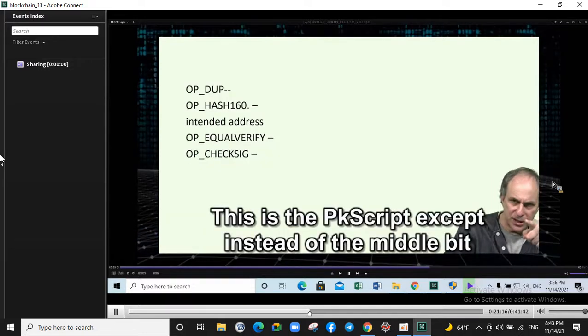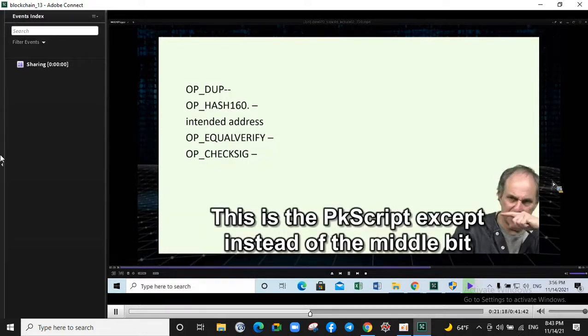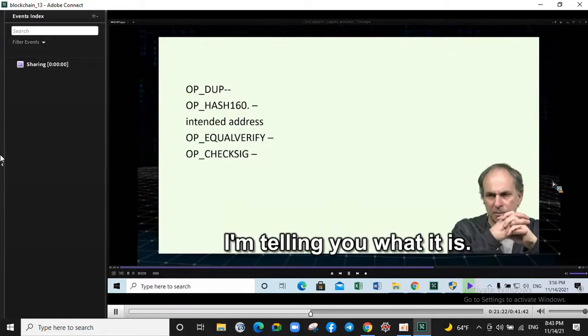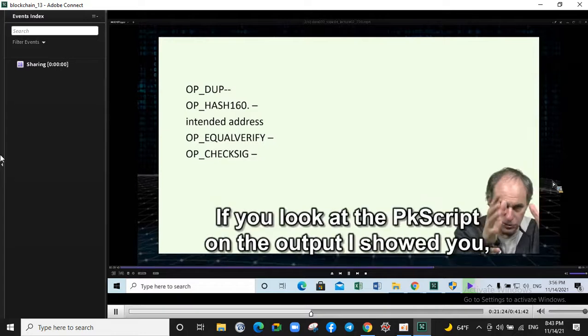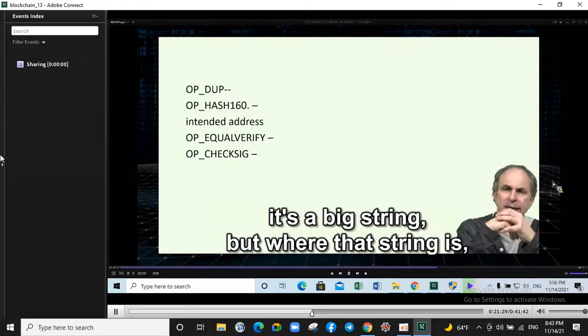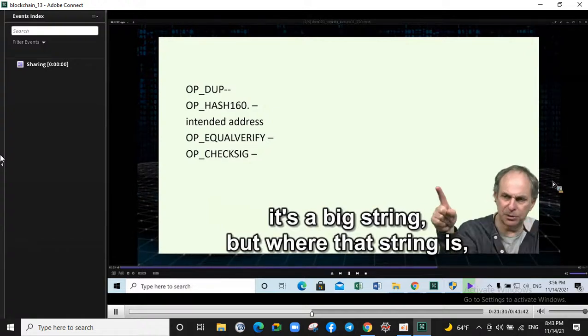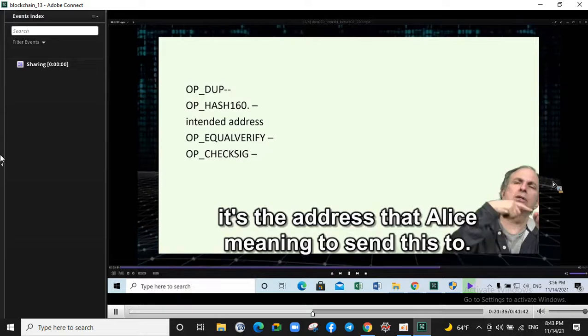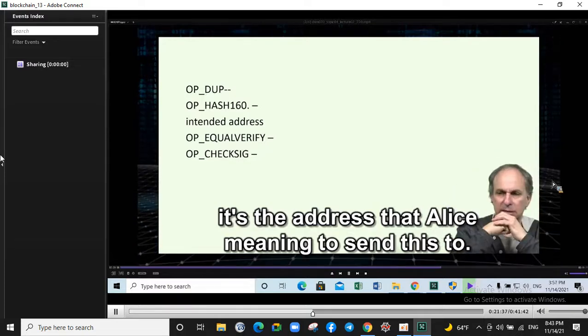Now, this is the PK script, except instead of the middle bit, I'm telling you what it is. If you look at the PK script on the output I showed you, it's just a big string. But what that string is, is the address that Alice is meaning to send this to.